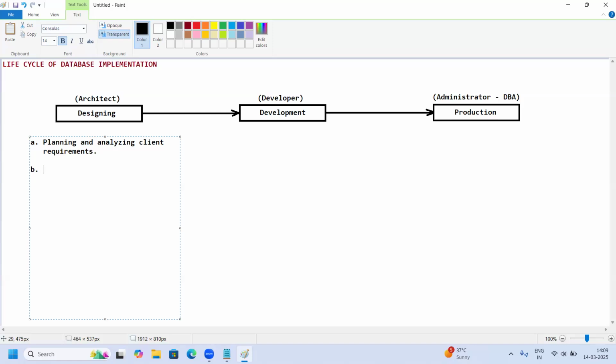The first phase, designing, plays a major role in any project, especially in terms of database. And especially this designing part is high profile.